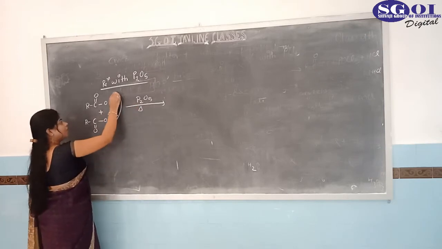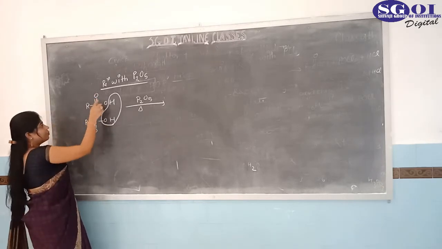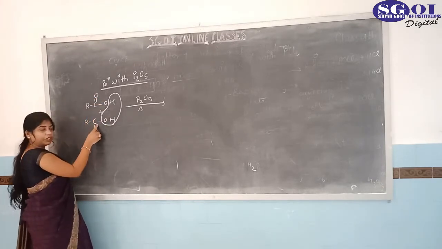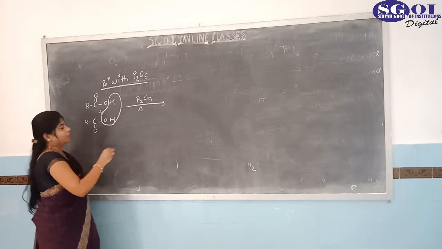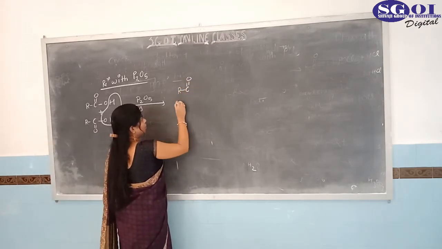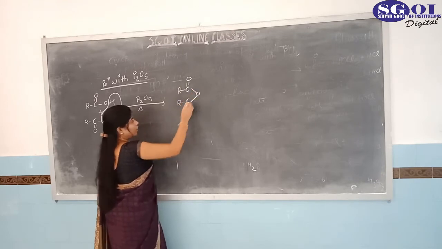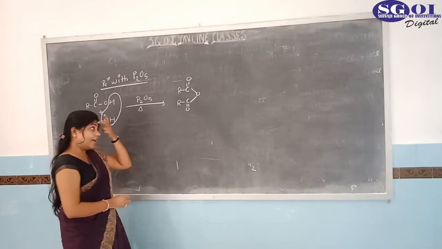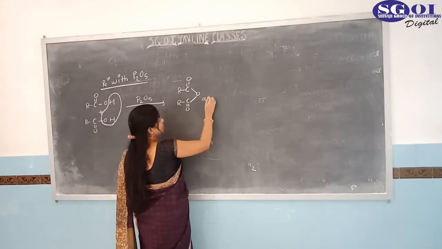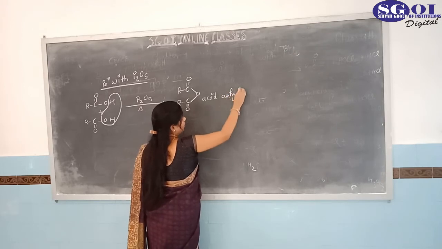So क्या remove होगा? H2O. What we get? RC double bond O linked with this O and R, so RC double bond O, RC double bond O connected with O, that is acid anhydride. Okay, its name is acid anhydride.